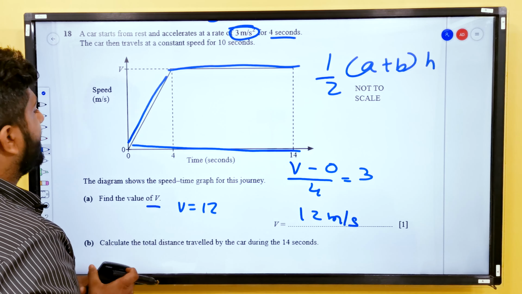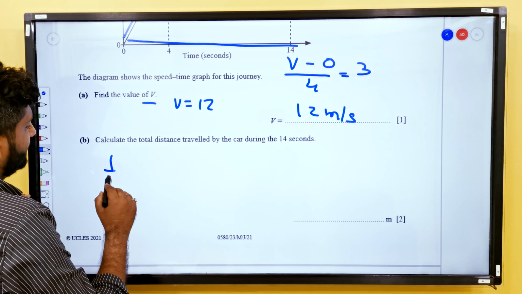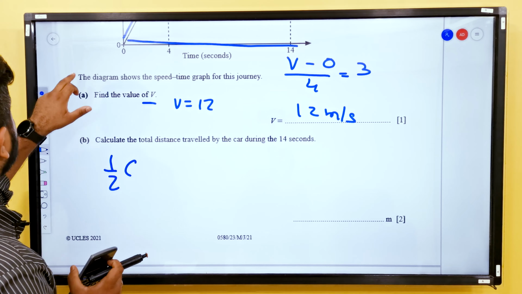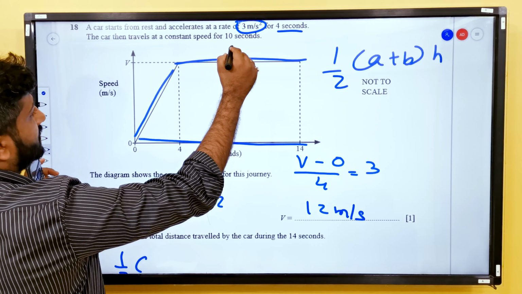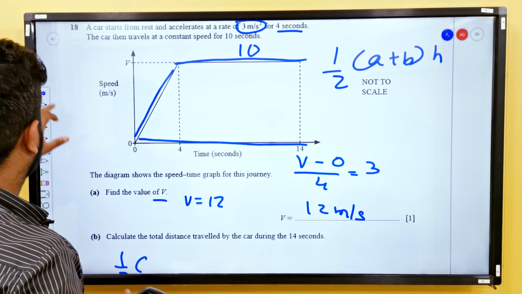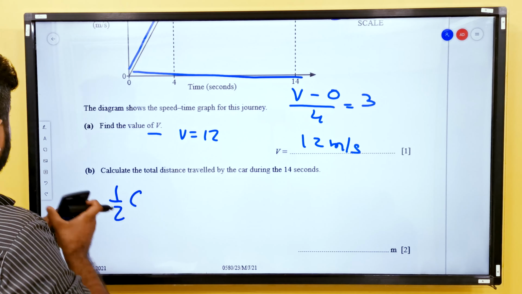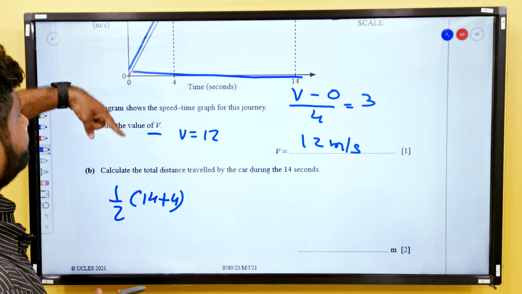So what are going to be my parallel sides? Let me just apply this formula over here. Half sum of parallel sides, which is 14 plus 14 minus 4, which is 10. Half into 14 plus 4 into distance between them.